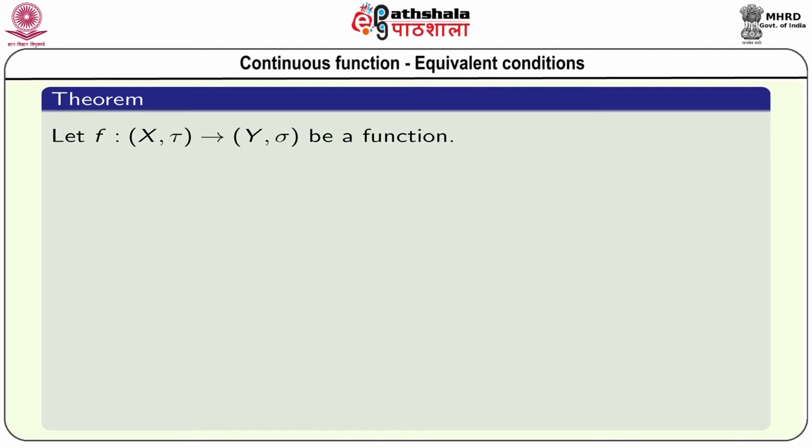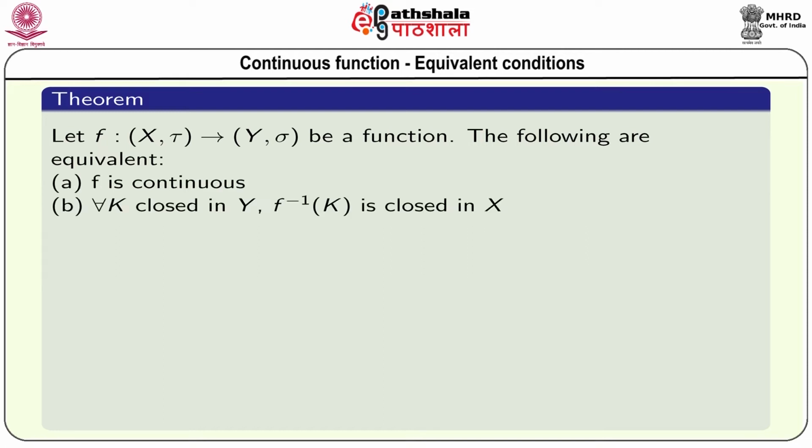Now, we state without proof several equivalent conditions for a function to be continuous. Suppose f is a function from (X, tau) to (Y, sigma), then the following statements are all equivalent.